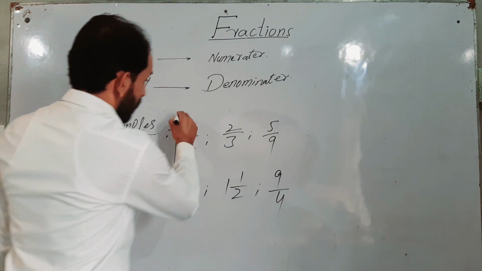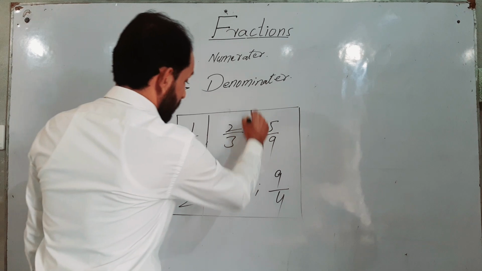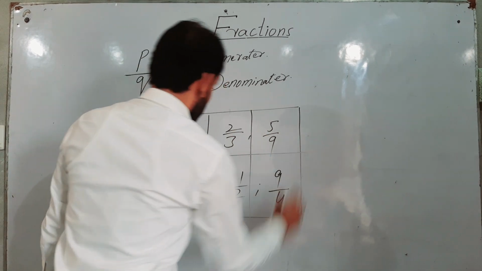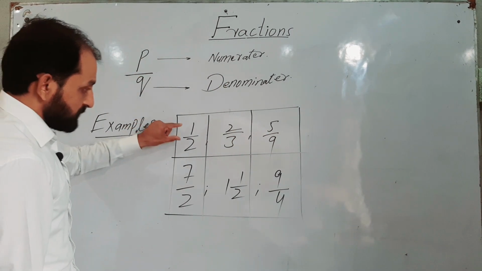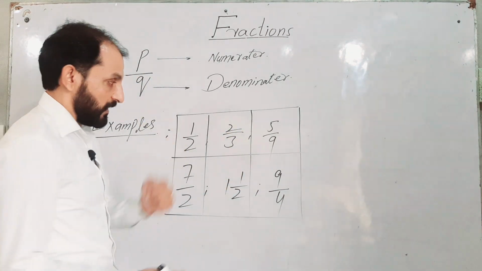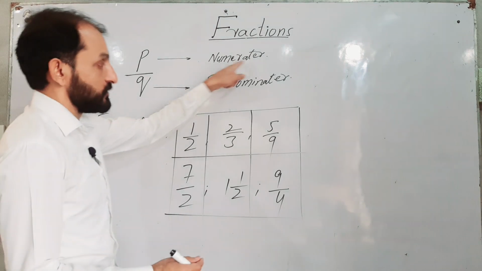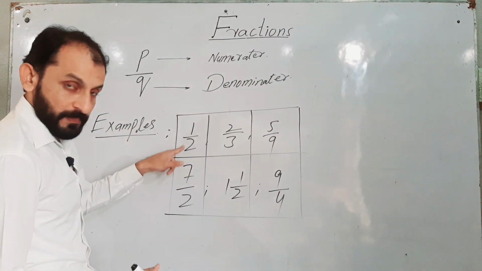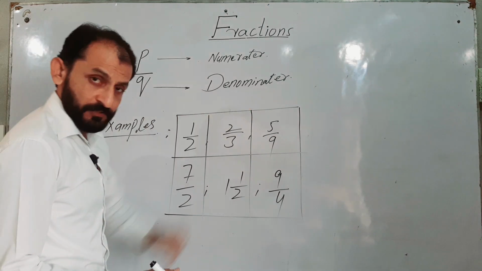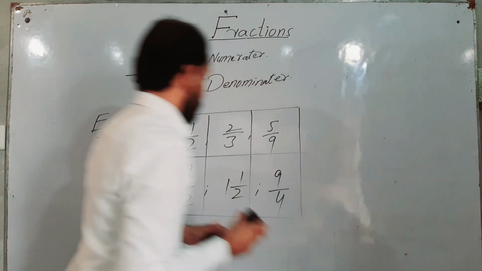These are all examples of fractions. As you can see, in each and every number there are two parts, the upper portion and the lower portion. The upper portion is known as the numerator and the lower portion is known as the denominator.